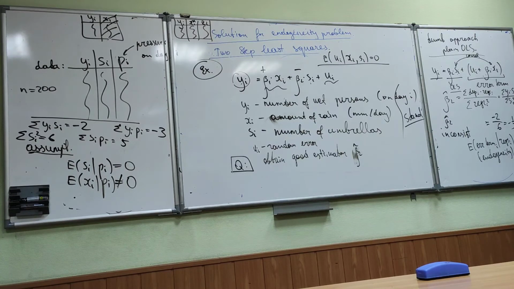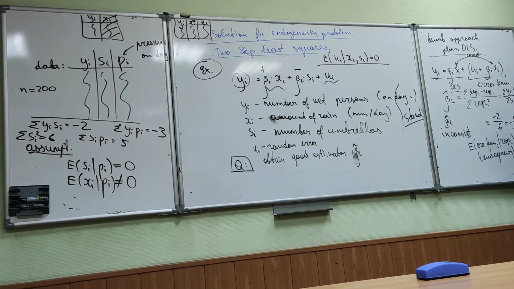The good instrument should be correlated with... Not letters, roles. A good instrument should be correlated with the regressor and not correlated with the error term.